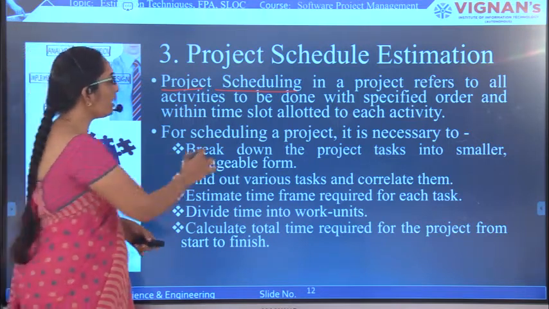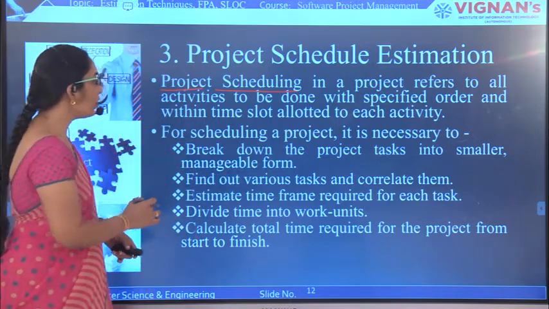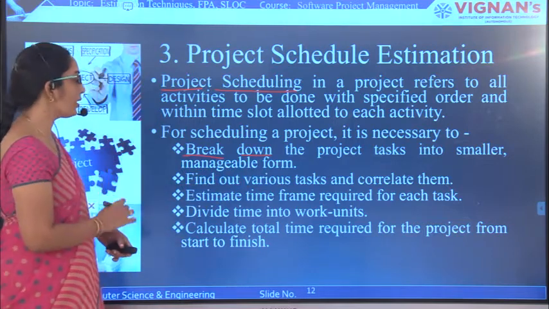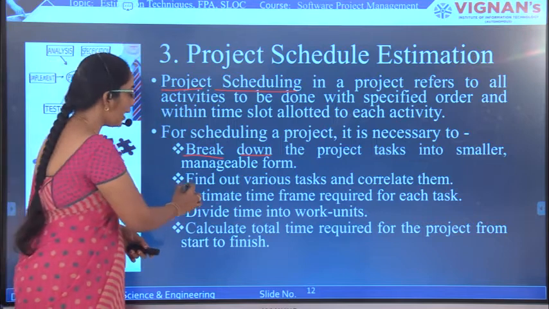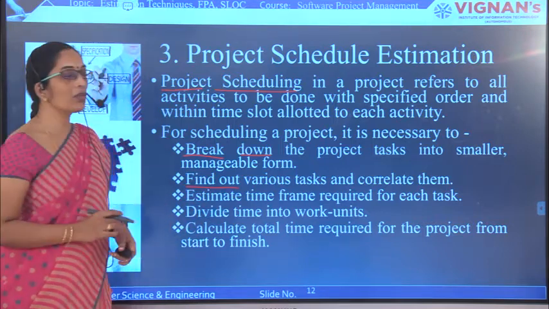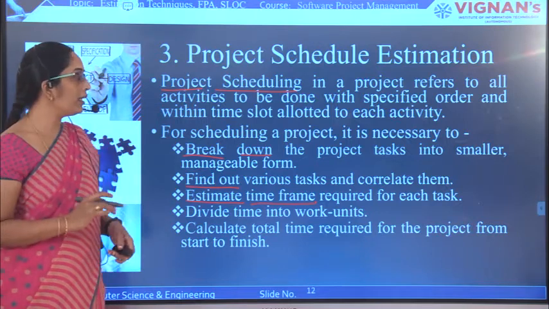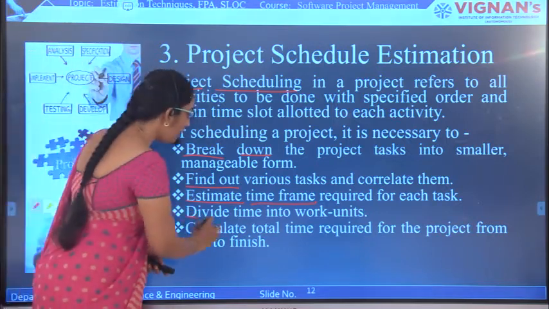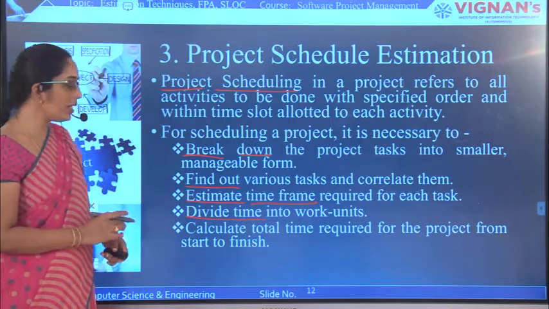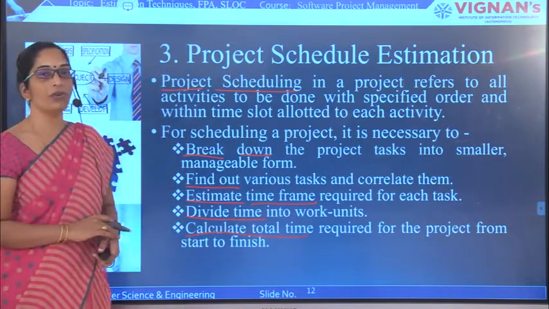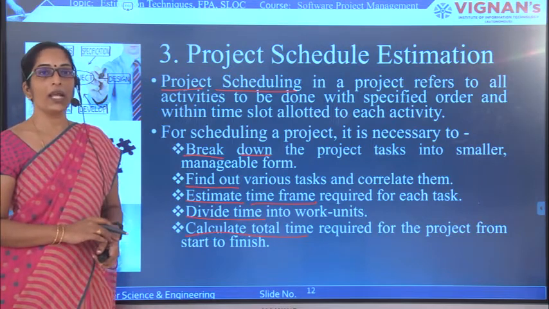For scheduling a project, it is necessary to break down the project into manageable tasks, and we have to find out the various tasks and correlate them, estimate the time frame required to complete each task, divide the time into work units and calculate the total time required to start and end the project.